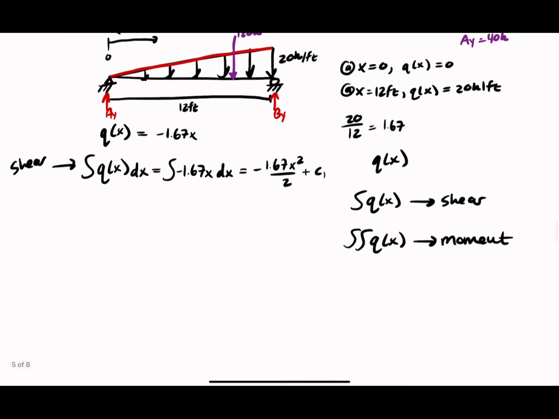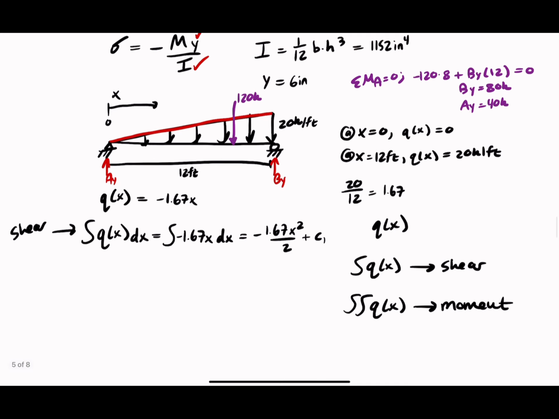Because we know that in our shear diagram, when we create it, this Ay reaction is going to shoot the shear up to 40 kips.